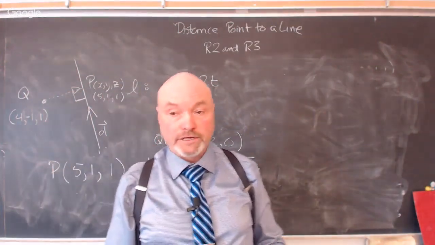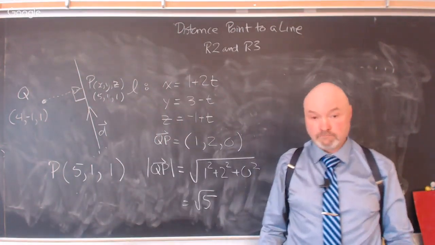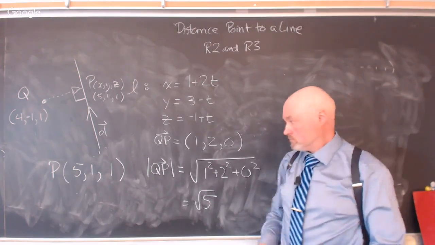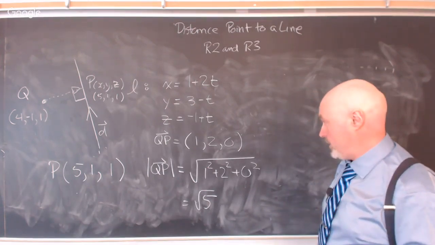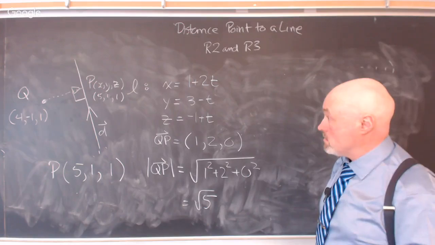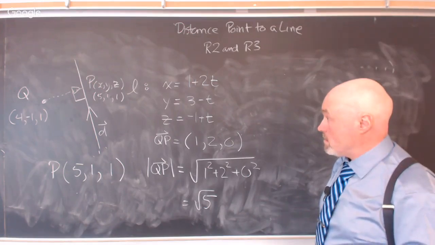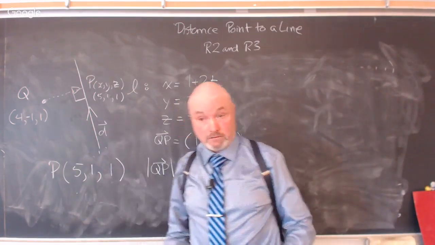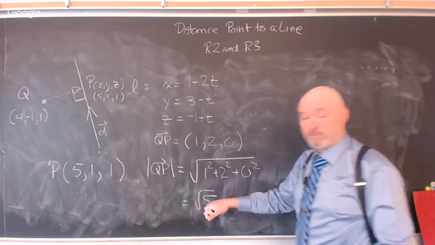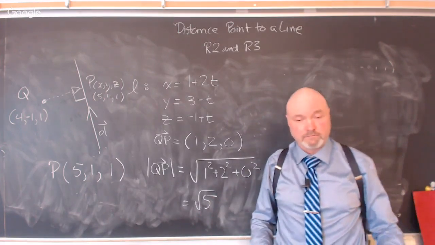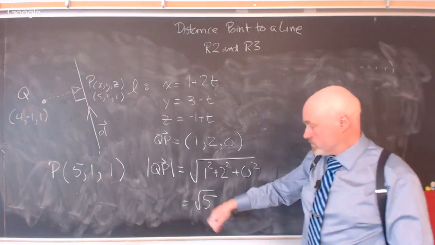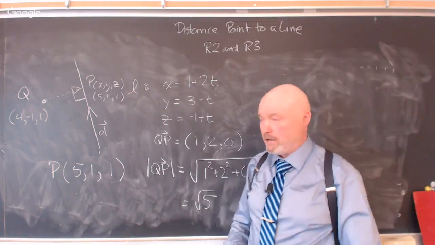This is probably the trick that you're going to use most often. Shouldn't it be negative 2? It's 1 minus negative 1. In the end, it doesn't make much difference because I'm doing negative 2 squared. All right, so there's the magnitude of QP, square root of 5.